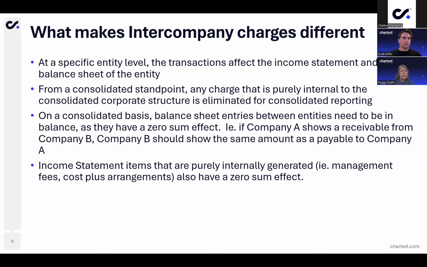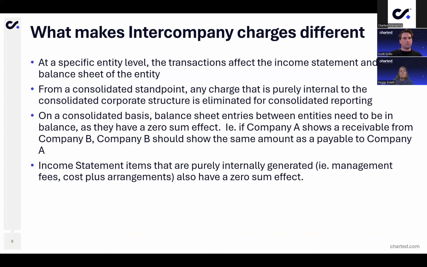So, from a metric standpoint, managing intercompanies is important when you understand that, yes, from an accounting standpoint, you are supposed to carry those intercompany balances at the entity level and supposed to report on them, even though they wash out on a consolidated basis.